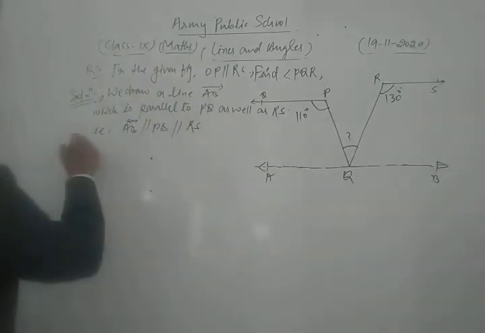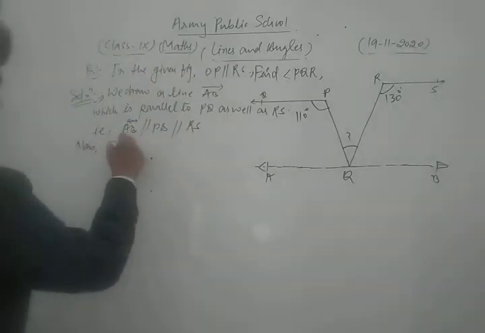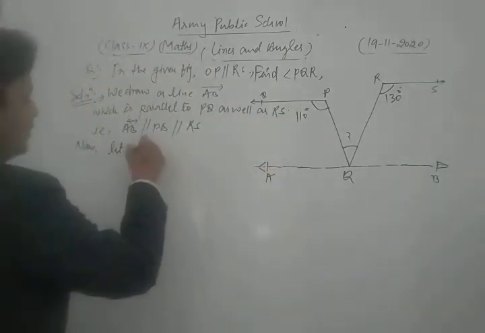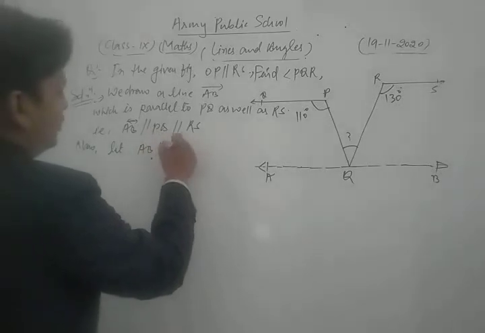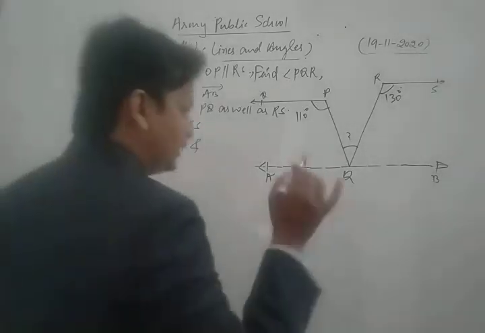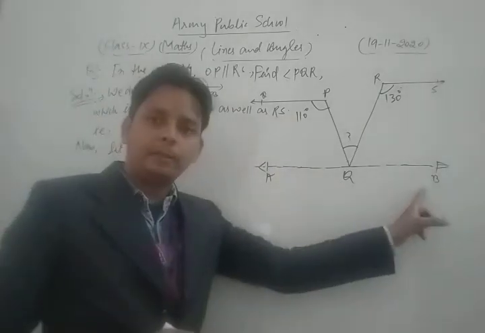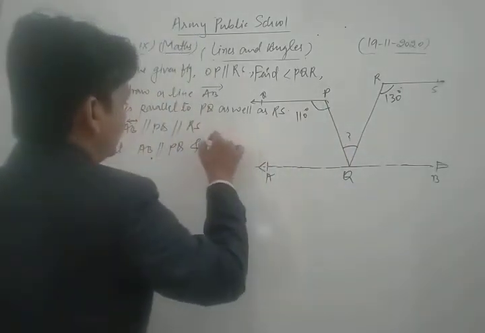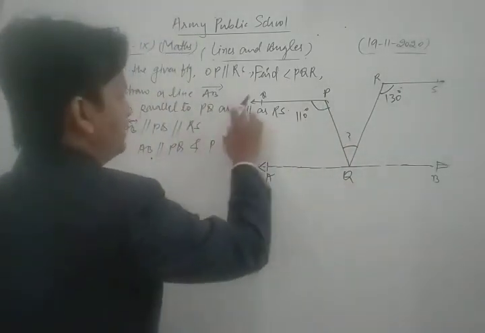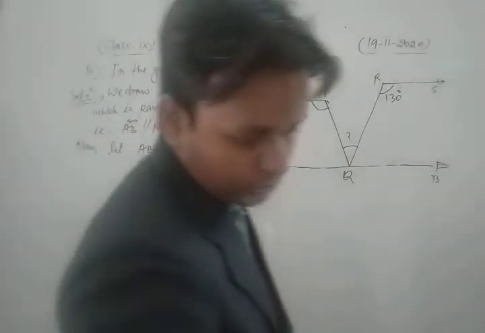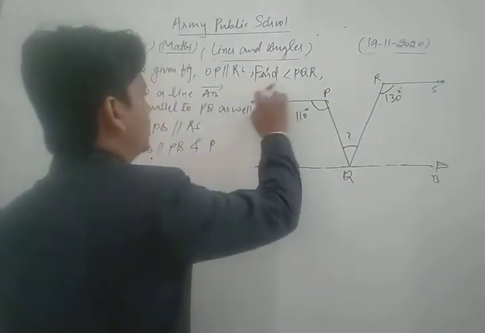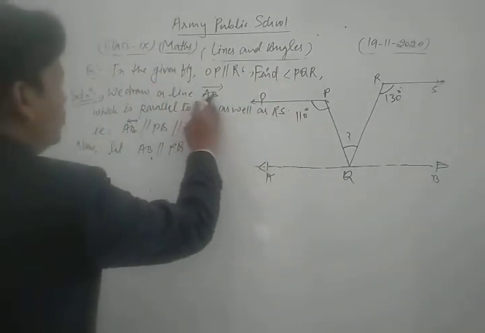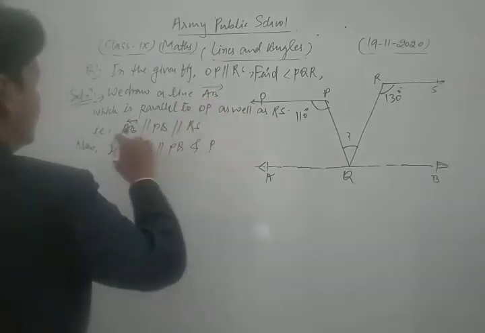Now let AB be parallel to PQ. This is O. Let AB be parallel to OP as well as RS, then this is OP.